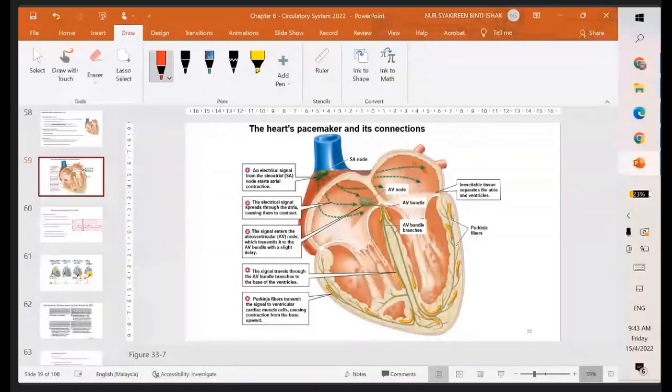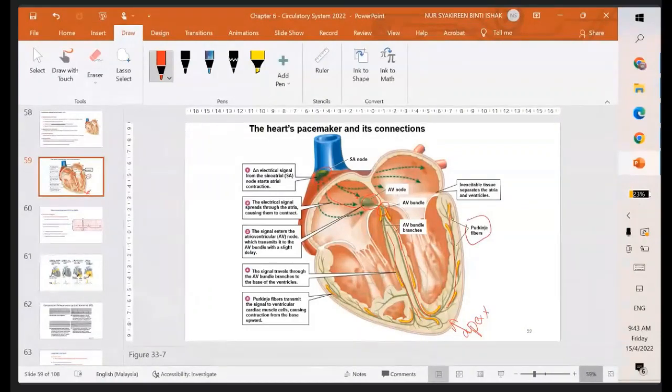Kita tahu okay dia pada SA node, spread through the atrium wall, and then reaches the AV node, and then AV bundle, and then bundle branches, turun ke bawah, pergi ke apex. Okay, apex of the heart. That is the flow of the impulse. And then from the apex, the impulse will move upward through the Purkinje fibers. Purkinje fibers, it spreads the wall of the ventricle.